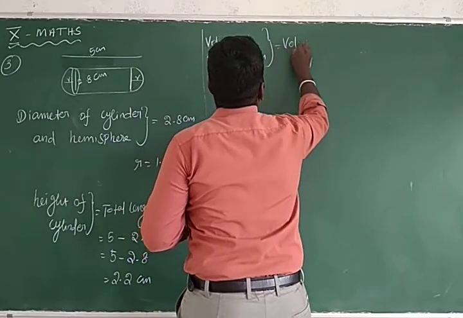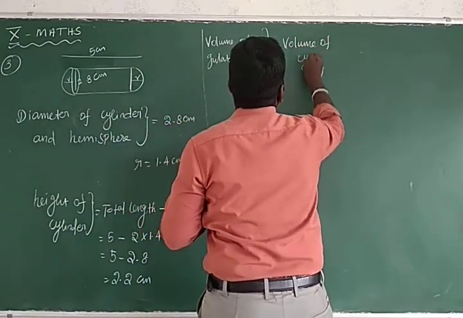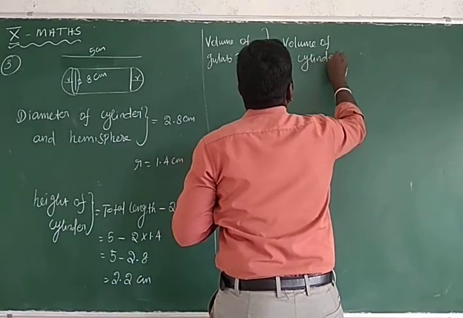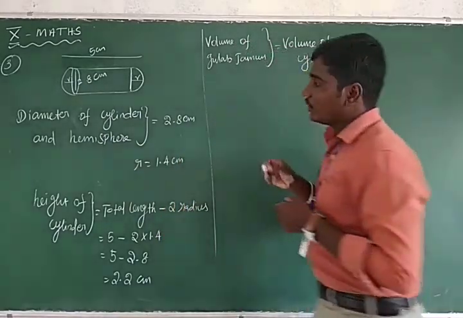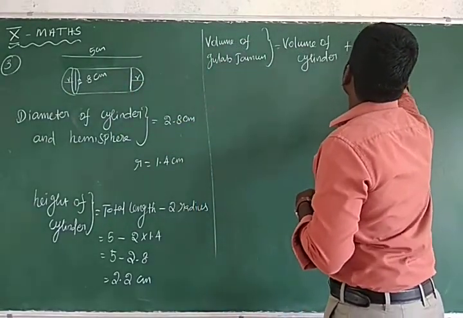Volume of cylinder plus 2 times the volume of hemisphere.